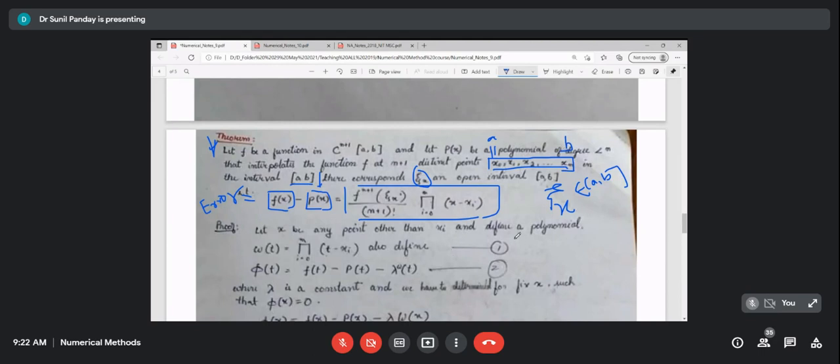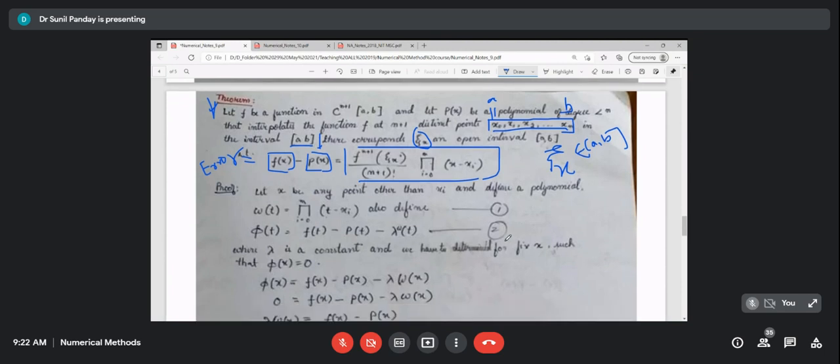To prove this result, let x be any point other than the xi's. Here we have n plus 1 xi's: x naught, x1, x2, up to xn. So x is other than those.